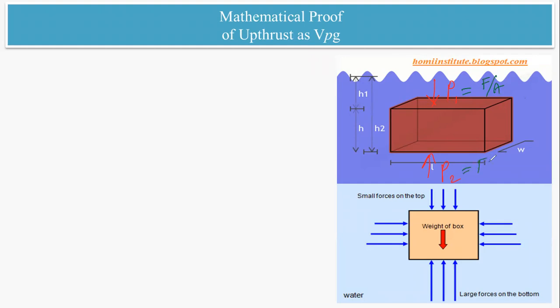Over here also it is force upon area. Now, यहाँ पर कितना force apply हो रहा है और यहाँ पर कितना force apply हो रहा है. Say I name this F1, and this one F2. So for F1, I can say it is P1 into A1. And for F2, it is P2 into A2.